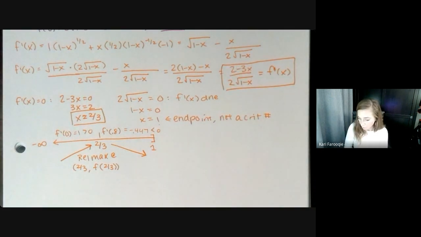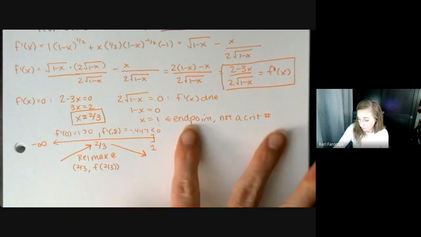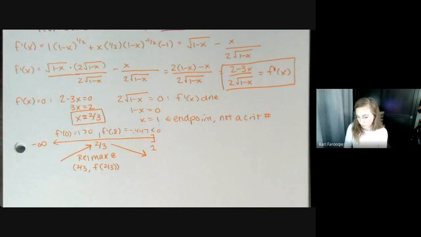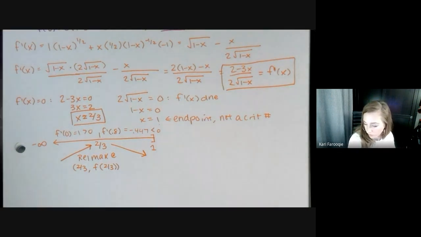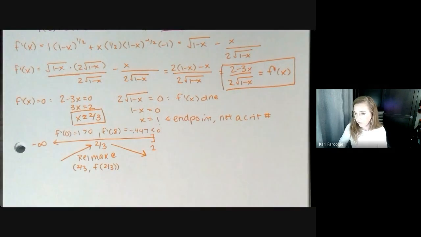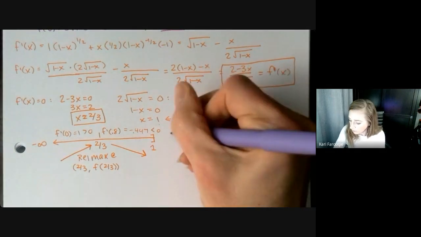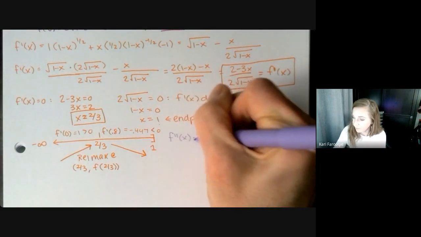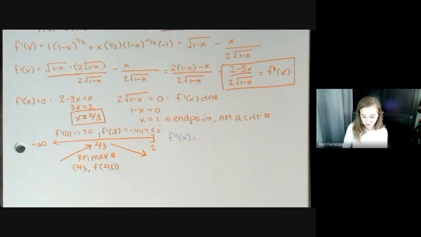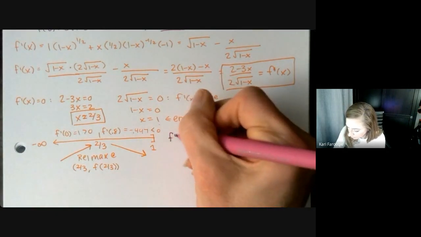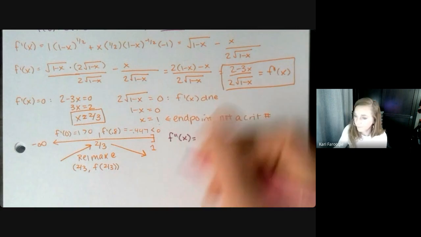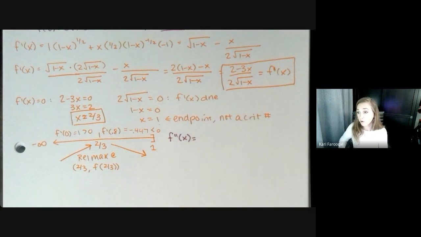Let's go ahead and start working on the second derivative. I'm trying to conserve space, so I'm going to start it over here, but you do whatever works best for you. Second derivative, f double prime. Oh, you know, this always ends up looking gray. Not the best choice. All right, so I'm going back to my first derivative.